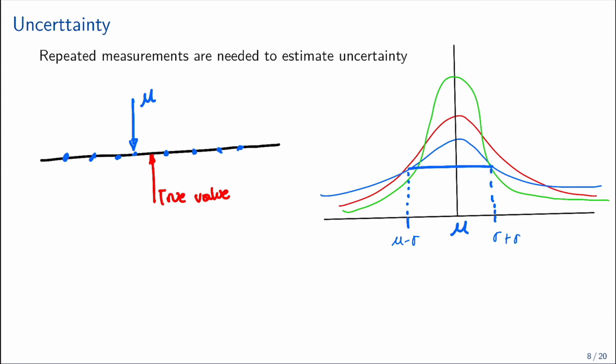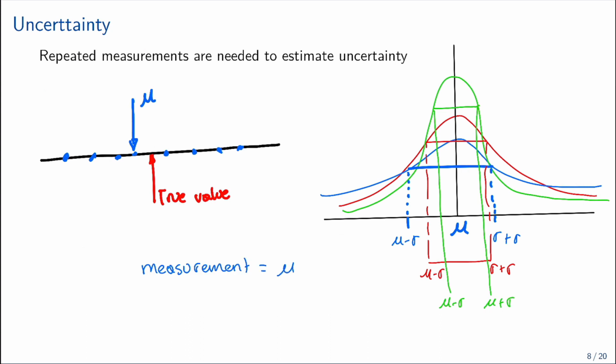If we keep increasing the number of measurements, we are going to reduce the standard deviation, so that will be mu minus sigma in the second case and mu plus sigma. And finally, when we increase the number of measurements, we are going to have this distribution, so that will be mu minus sigma and mu plus sigma. So in general, a measurement will be mu plus or minus sigma, and sigma decreases as we increase the number of measurements.